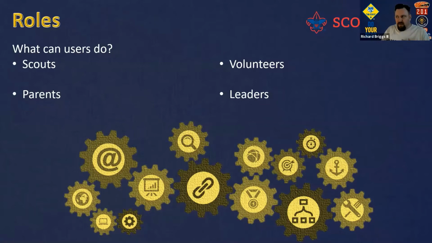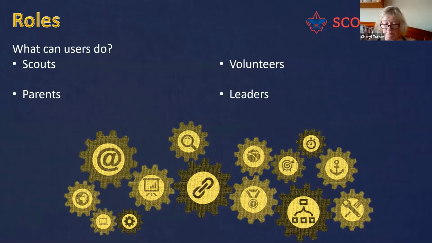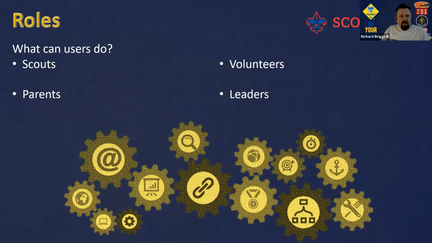The Scout can enter them in if you're in Scouts BSA, or the parents can enter them in as well, and then that goes to whatever the assigned leader is, and the leader can then go through and verify and just say, yeah, that sounds correct, verifies it, and then it gets put into kind of a holding pattern.